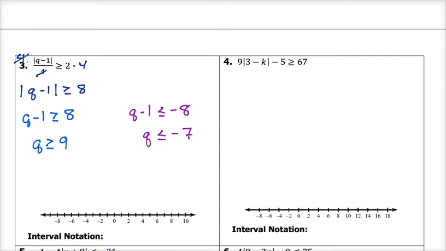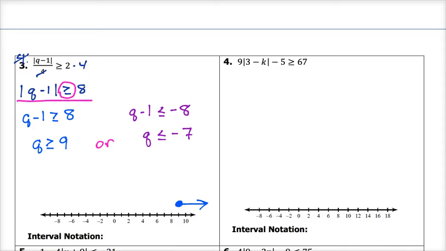When you look at your inequality sign, you need to look at the inequality sign when the absolute value expression was isolated. So that's this step right here. I have a greater than or equal to. Greater than or equal to is an or case, so this is an or compound inequality. So I'm going to have a solid dot on positive 9, and we're going to the right, greater than positive 9.